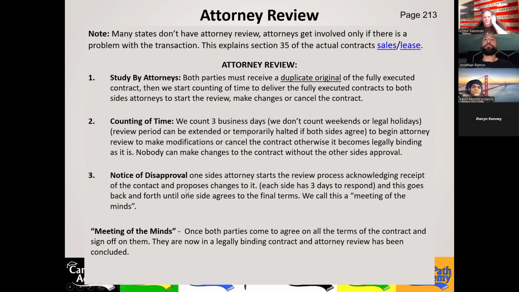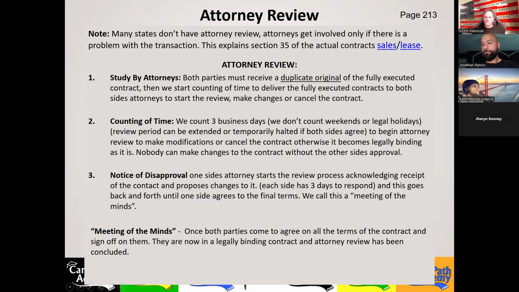The notice of disapproval: one side's attorney starts the review process, acknowledging receipt of the contract and proposes changes to it. Each side has 3 days to respond to the last side's correspondence. And this goes back and forth until one of the sides agrees to the final terms. And then we call this the meeting of the minds when they do.